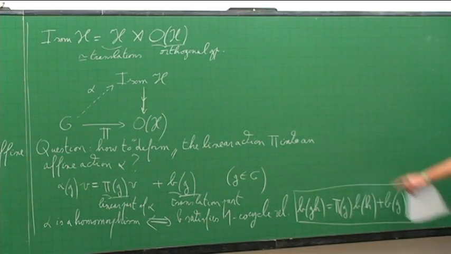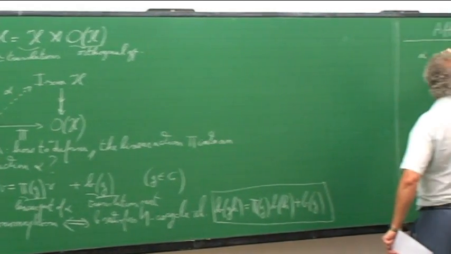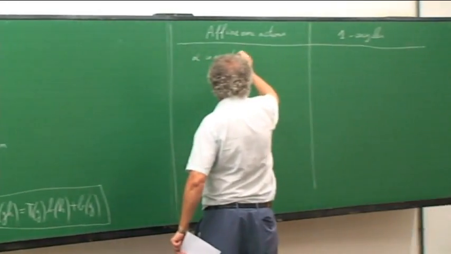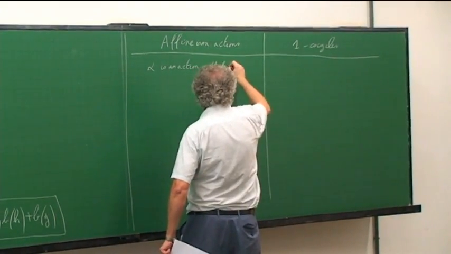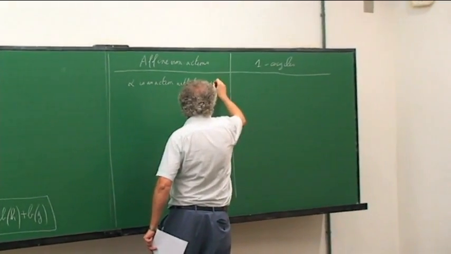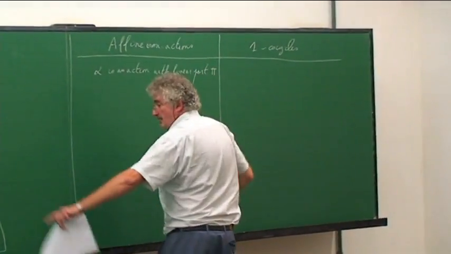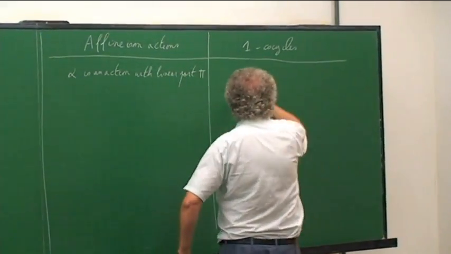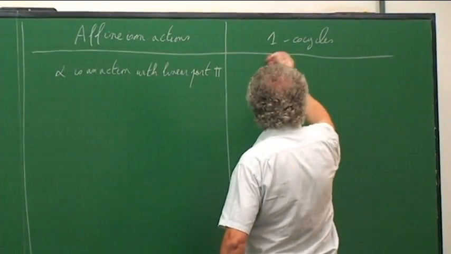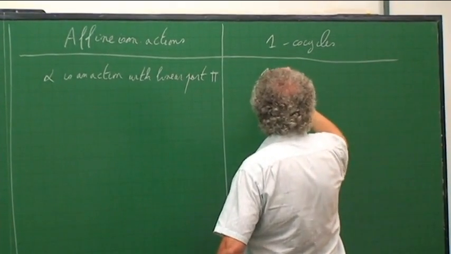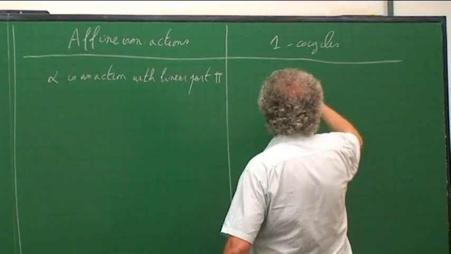So first, if we have alpha, which is an action with linear part pi, well, as we just saw, this translates into b being a one-cocycle.